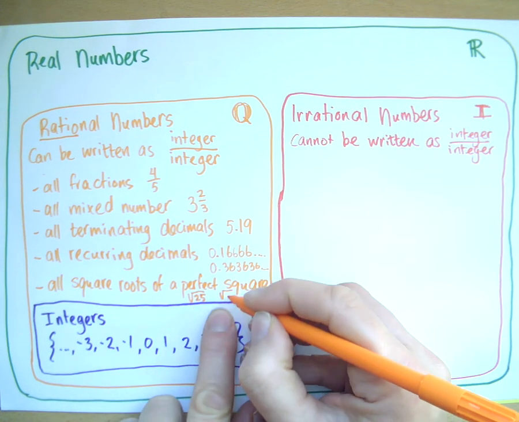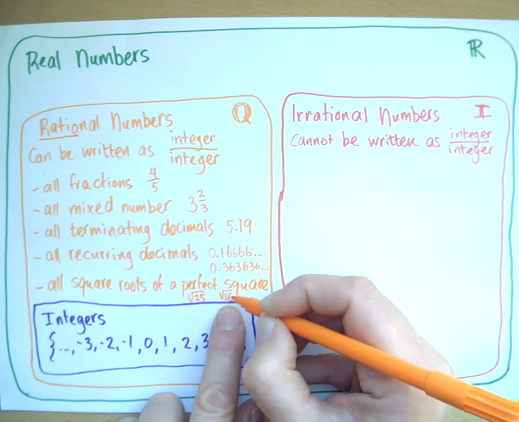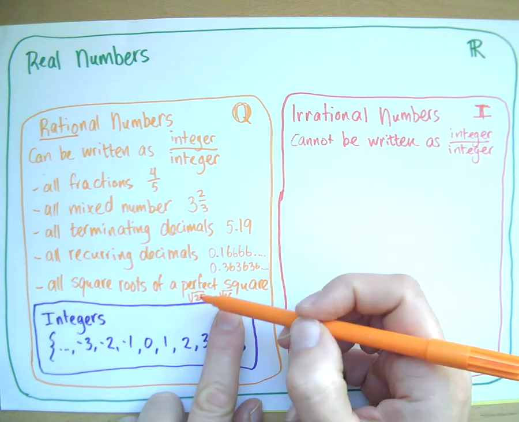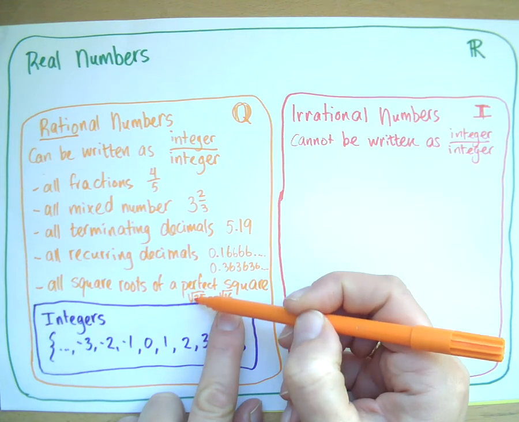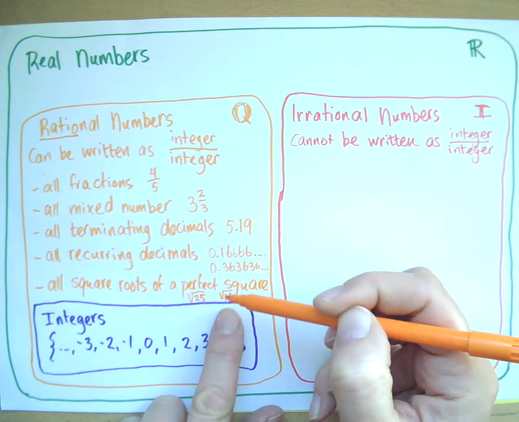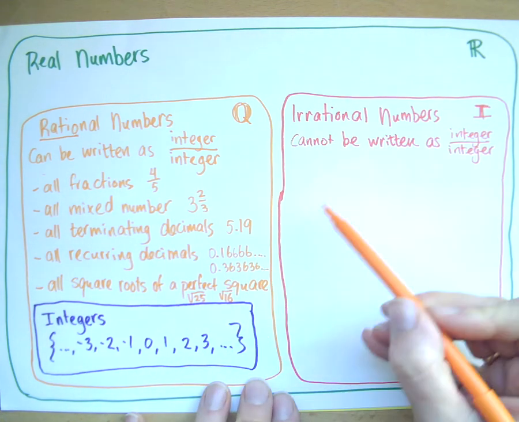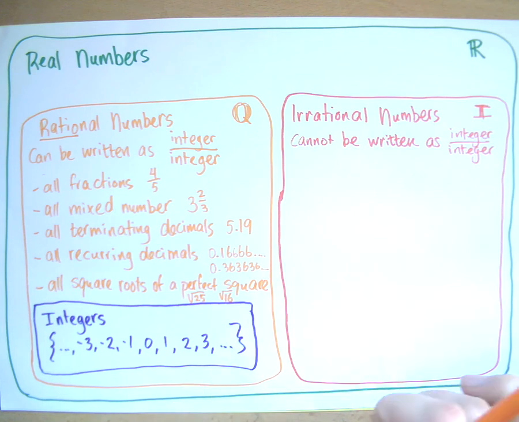Another one is 16. The square root of 16 is 4. So whenever the number under the square root sign is not a perfect square, then it's not a rational number. Then it'll automatically be irrational.